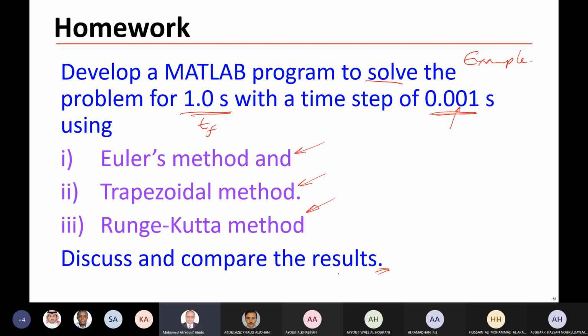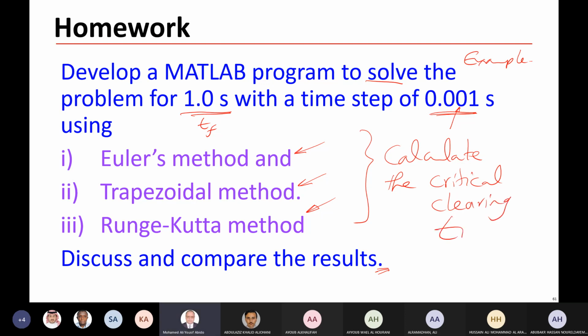And I would like to add here, since we are running the time domain simulation, take a note, calculate the critical clearing time, CCT.